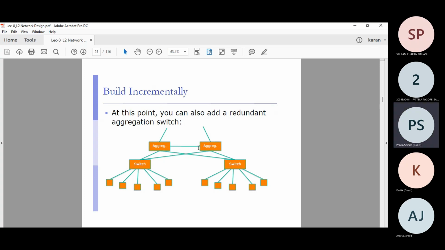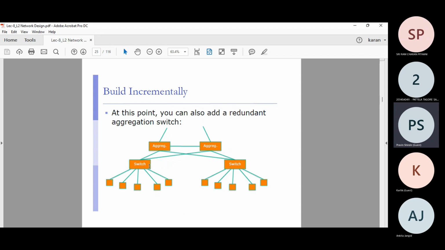So basically, at this point you can also add a redundant aggregation switch. So this is a redundant aggregation switch, because there are now some features available in the layer 2 aggregation switch. So there are two paths. After one goes down, the second path is working properly.